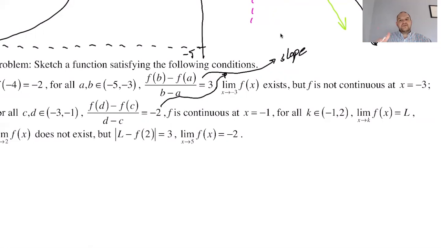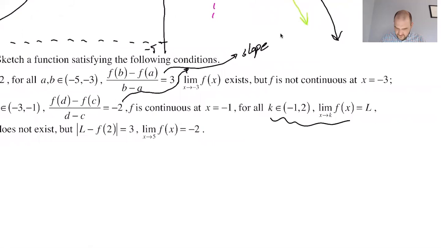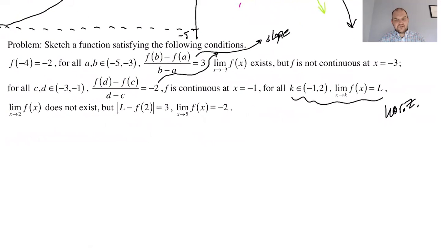The limit as x approaches -0.9 is equal to some number. The limit as x approaches -0.8 is equal to the same number. The limit as x approaches -0.7 is the same number. It's got to be a horizontal line. This is telling us that the function must be horizontal there.